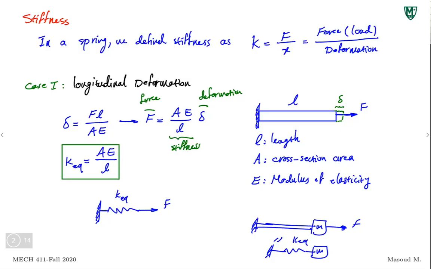Now, we also had transverse deformation. We had a beam. We were studying how much it is deformed, like the shape of this curve. We could find the deformation at any given point when we had the force. Remember, we were drawing shear force diagram and moment diagram, and then we were using those to find the bending.